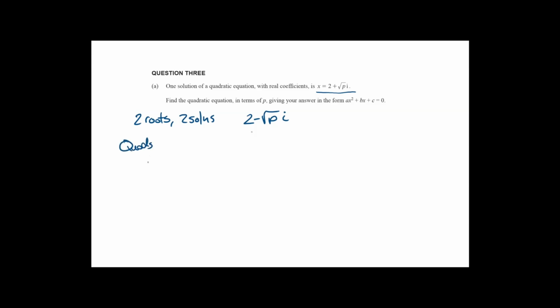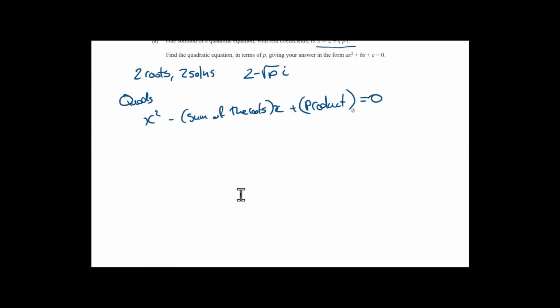Well, we know that x squared minus the sum of the roots, x, plus the product of the roots equals 0. Cast your eyes back many years ago when you first came across quadratics. So therefore, if we know the product and the sum of these roots, we can write the equation.